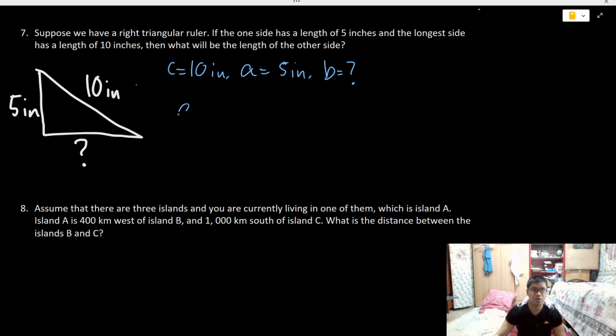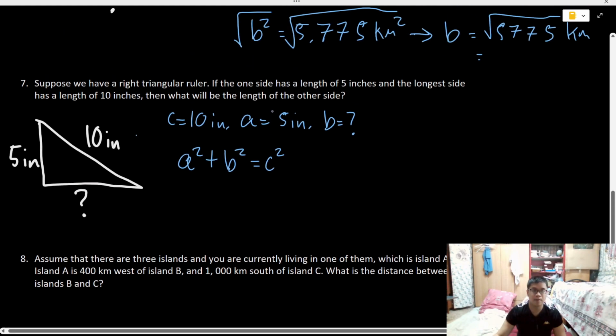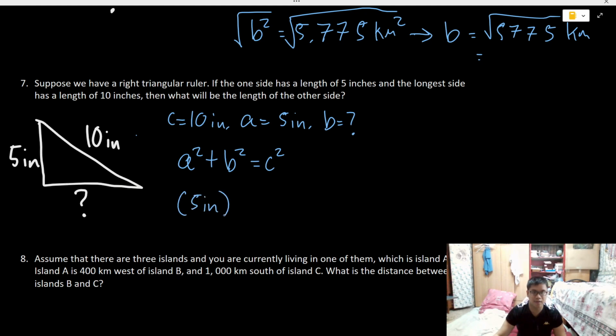So let's use the formula. A squared plus B squared is equal to C squared. Now, we substitute your 5 as your A, so that would be 5 inches squared plus B squared. Then your C would be just 10 inches squared. Let me just rewrite it here.